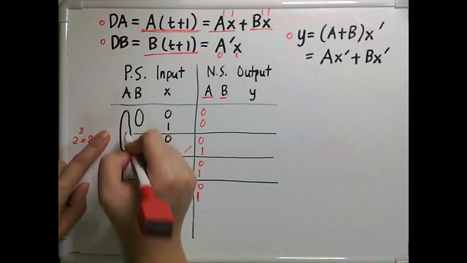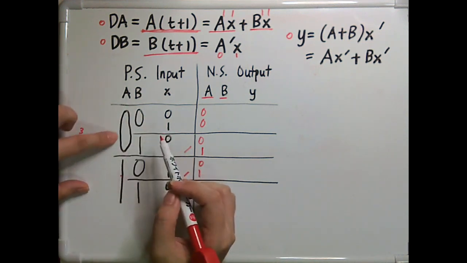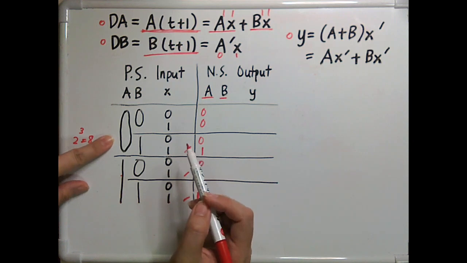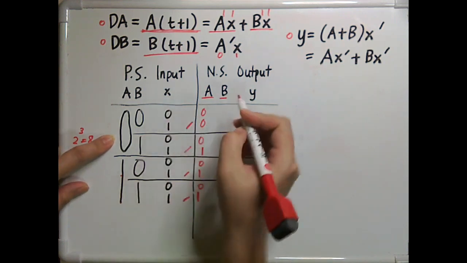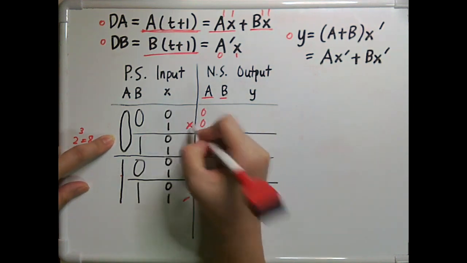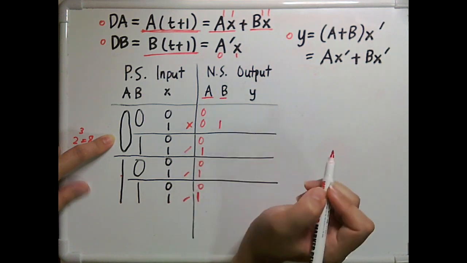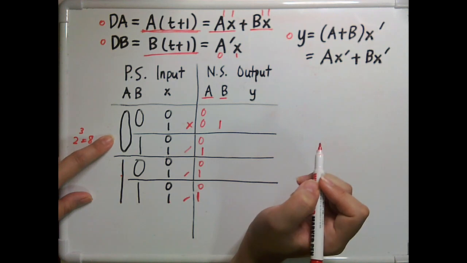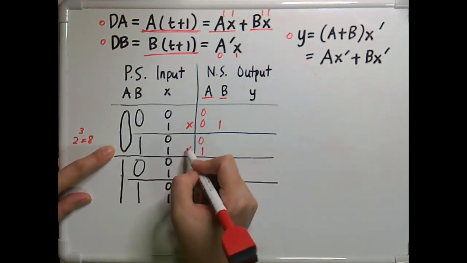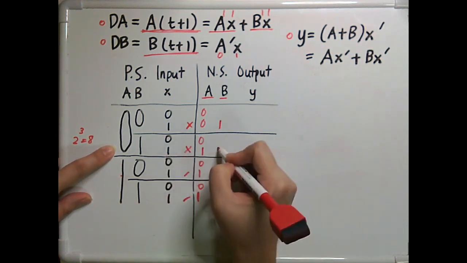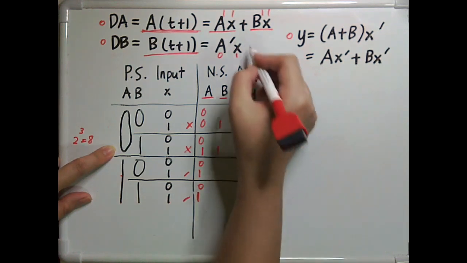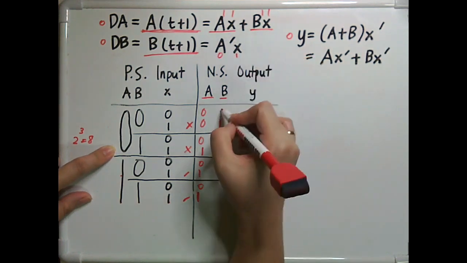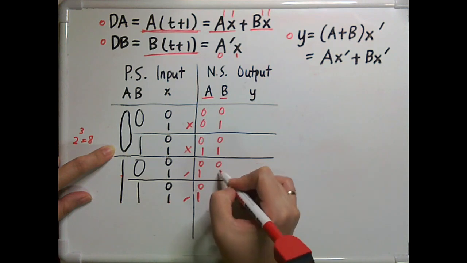So we have here, there are 4 of them. And x is 1. So we have here 1. Let's put an x. And next is 0, 1. We have another one here. Okay, no other terms left in our equation, so the rest must be zeros.